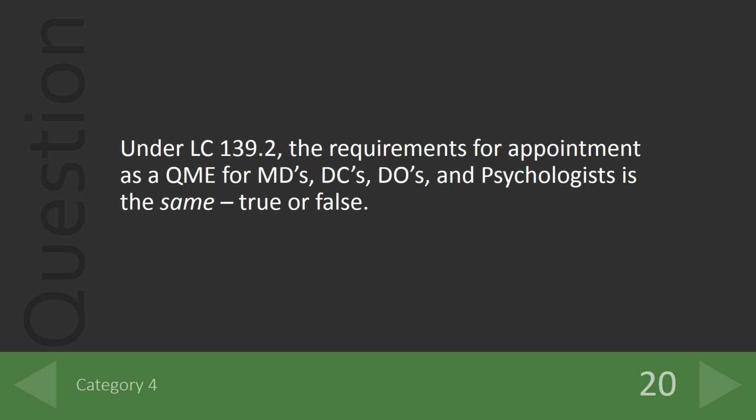In other words, aside from the different specialties and the different type of knowledge that a medical doctor has compared to a psychologist, or that a psychologist has to a chiropractor, aside from that, are the requirements for initial appointment the same or are they dramatically different?